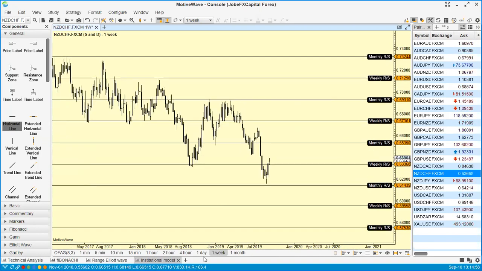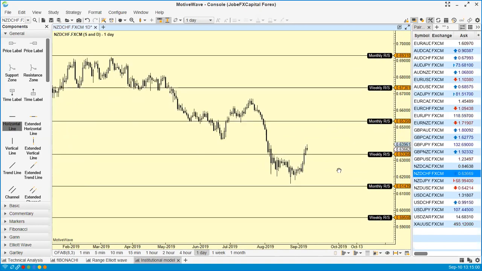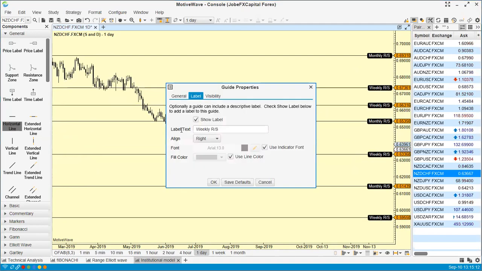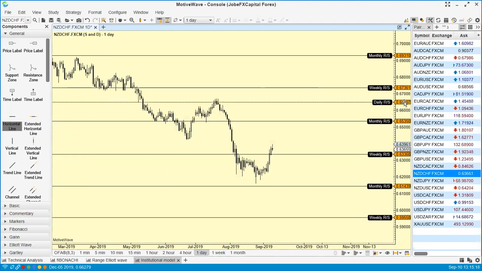Now you go to the daily. And what do you do on your daily? Do the same thing again. Divide this into half, and label it daily. I think this is 50%, somewhere here.